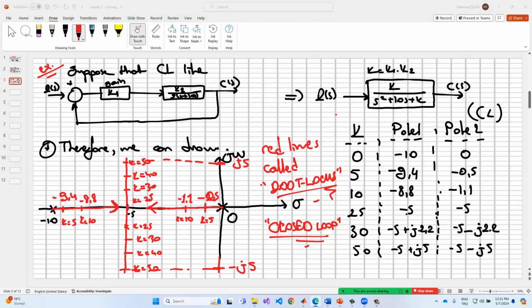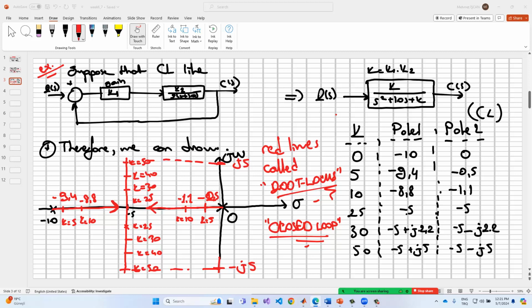We can set the characteristic equation poles in terms of different K values on the S-plane by using what? The root locus. The general name of this plane of roots is called the what? The root locus.